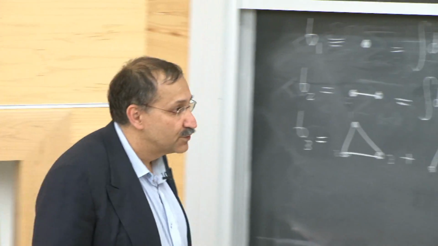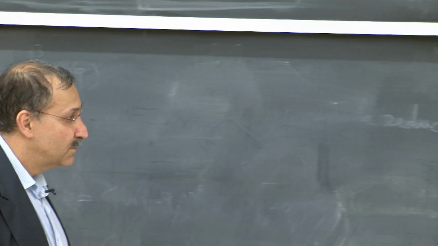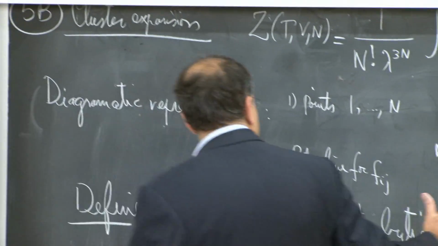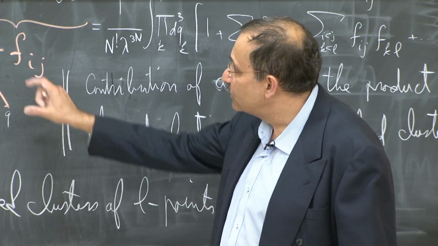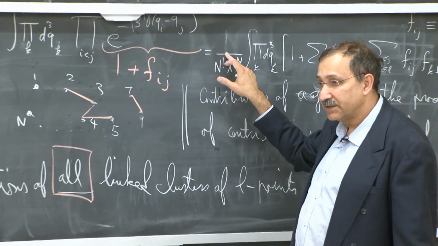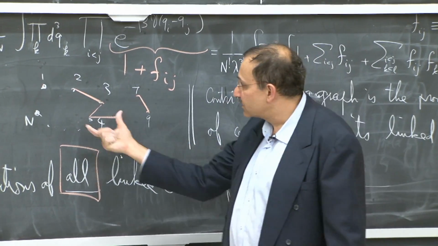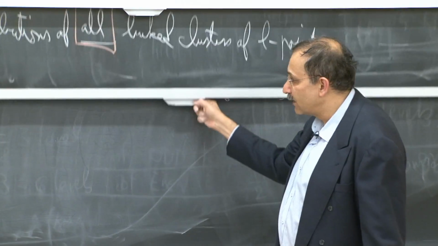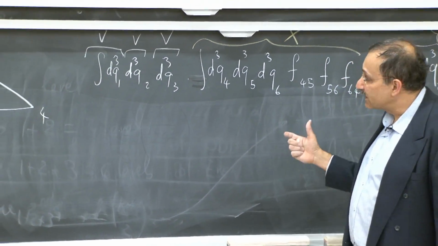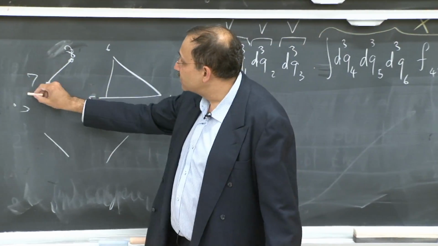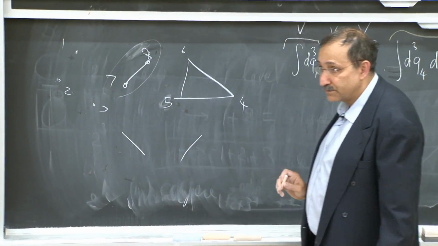Okay? So, yes? I didn't understand what that missing links represents. Okay. So, at the end of the story, what I want to write down is that the value of some particular term in this series is related to product of contributions. I described to you how product of contributions comes along. And each contribution is a bunch of points that are connected together.